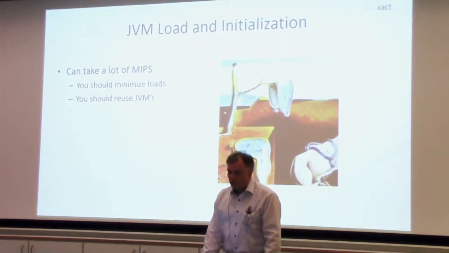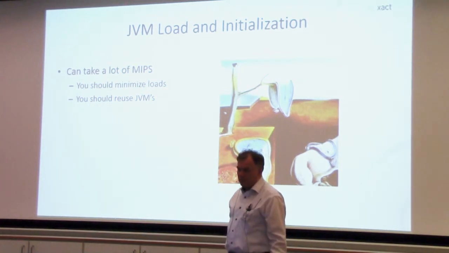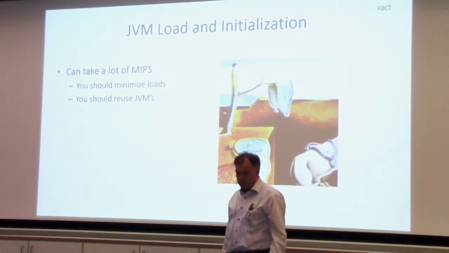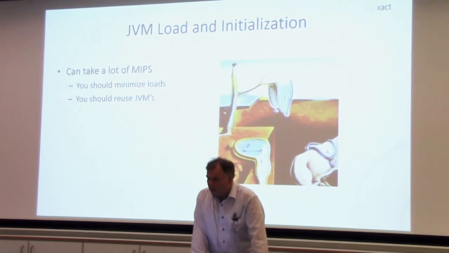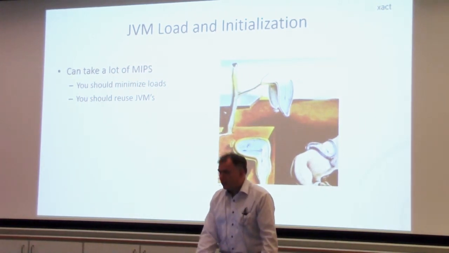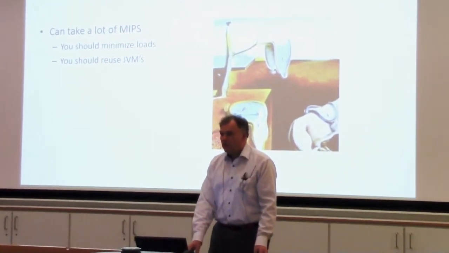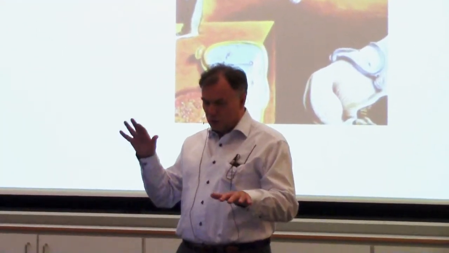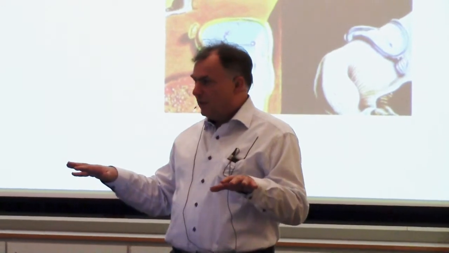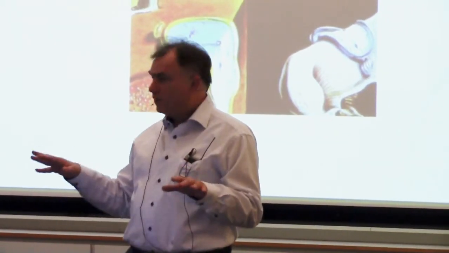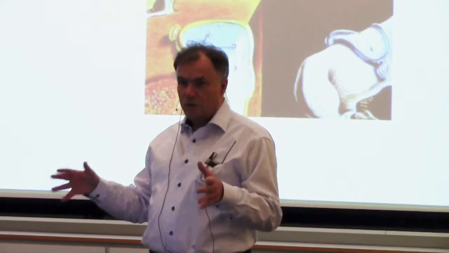So when you load and initialize a JVM, it can take a lot of MIPS. I've been involved with a project running WebSphere Application Server in a 2 LPAR situation, a number of versions ago, and they were doing it in production.